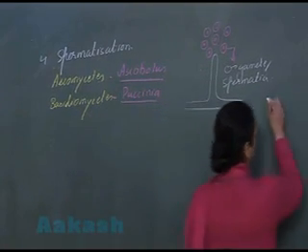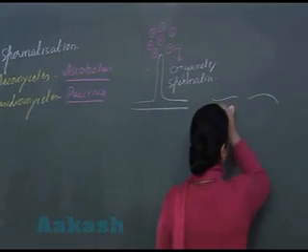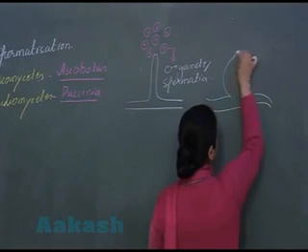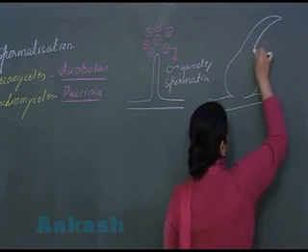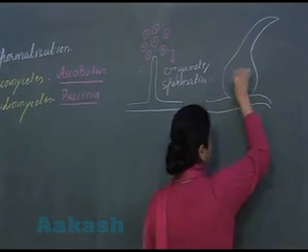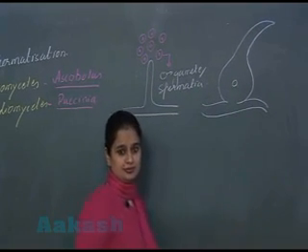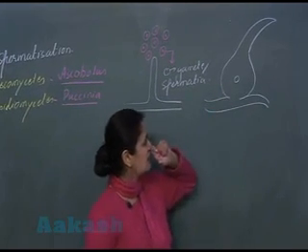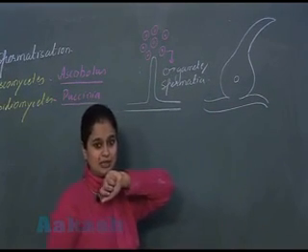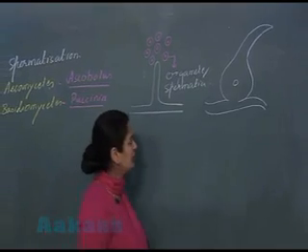Now this is the female structure. After the male, now this is the female structure. You can see the female structure is flask shaped. In the female structure there is presence of this haploid nuclei.